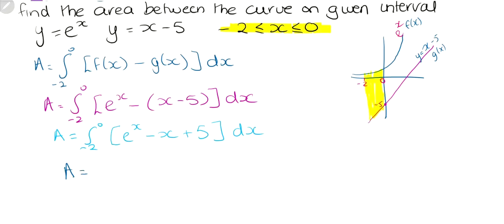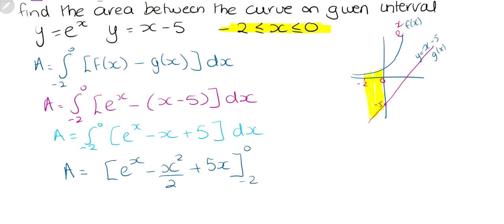So the area: if we integrate e^x, it's going to be e^x. Adding 1 to the power, we'll have x squared divided by the power, so divided by 2. And for 5, it's just 5x. And then we have the interval between -2 and 0.